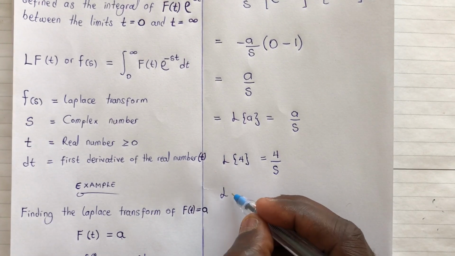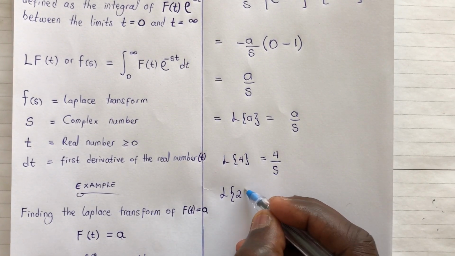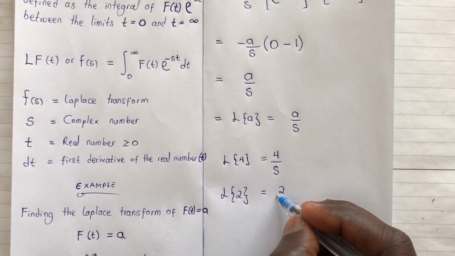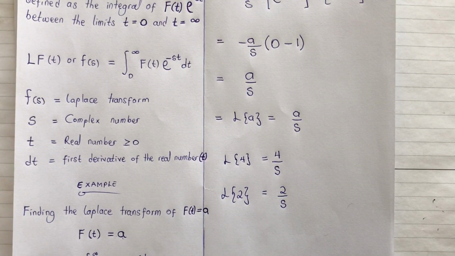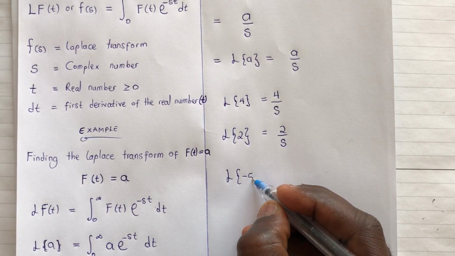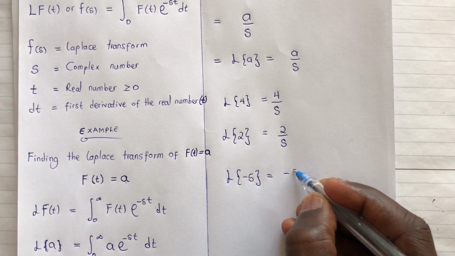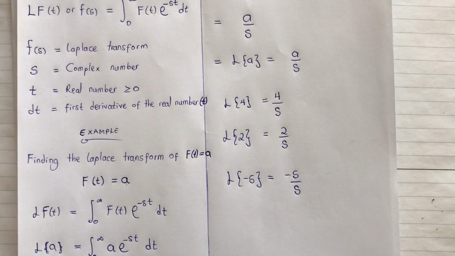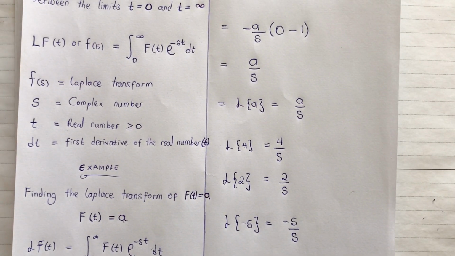So when I give you the Laplace transform of 2, it is giving us 2 over s. When I give you the Laplace transform of a negative number, for instance, the Laplace transform of negative 5, the result is minus 5 over s. As simple as that. So I guess you got this. I just merged the Laplace transform of a function a, which can be any real value, into the introduction video so that you get the concept.